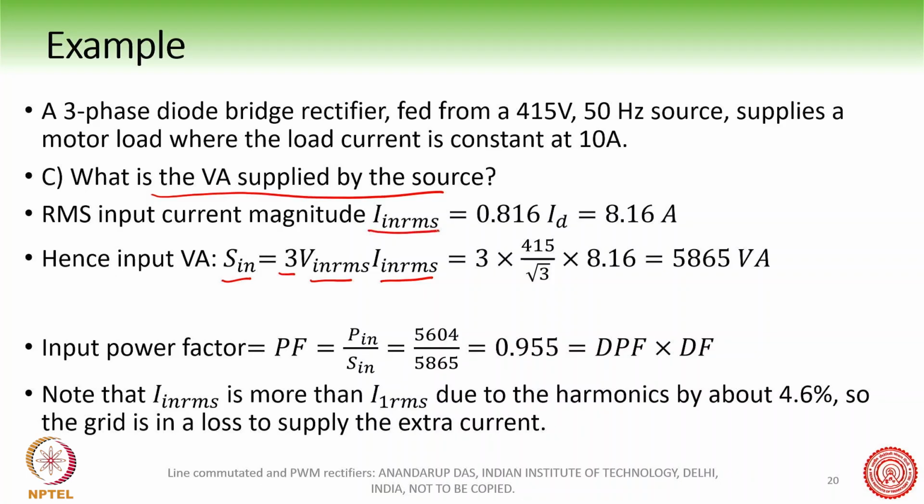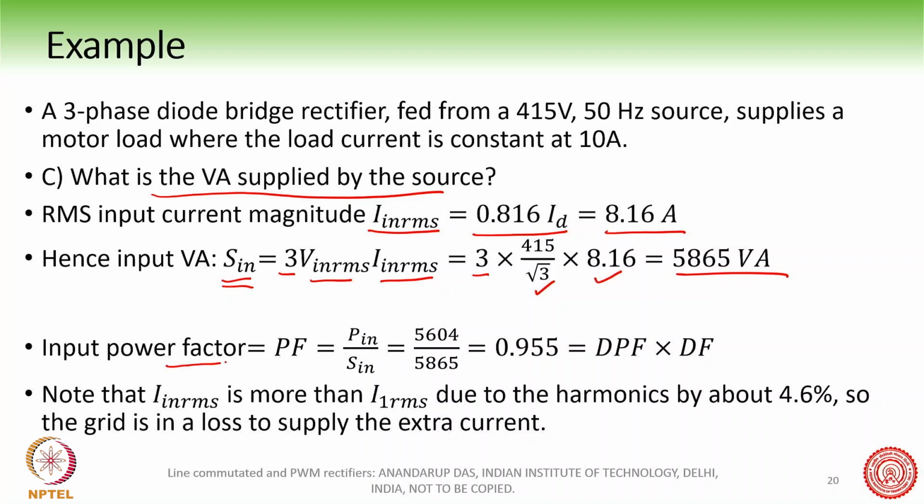I in RMS is 0.816 Id, which we derived a few slides back, the total RMS value of the input current, and this will be 8.16 ampere. Therefore S in is equal to 3 times V in RMS, because we have assumed purely sinusoidal voltage, so the fundamental and RMS values are the same, so 3 into 415 by root 3 into 8.16 is 5865 VA.